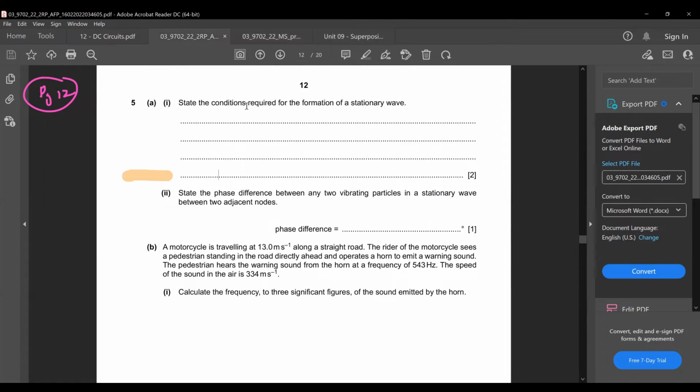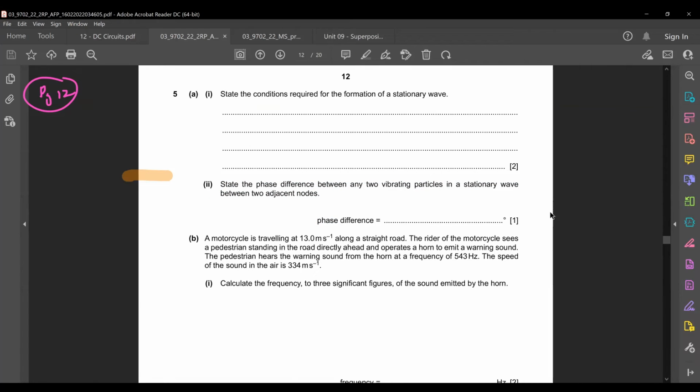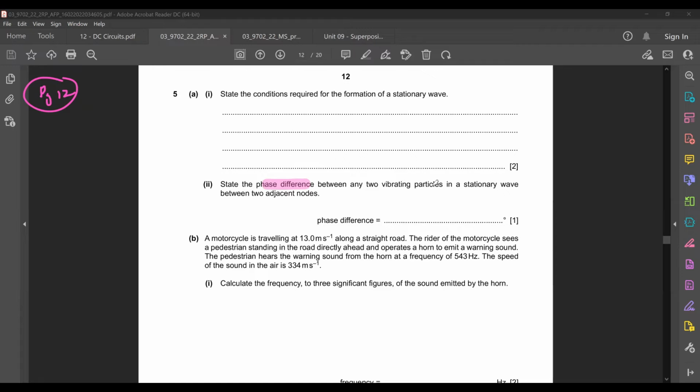All right. State the phase difference between any two vibrating particles in a stationary wave between two adjacent nodes. They're asking you to state the phase difference between two vibrating particles in a stationary wave between two adjacent nodes. If you're talking about a stationary wave that looks like this, your nodes will be these points here.